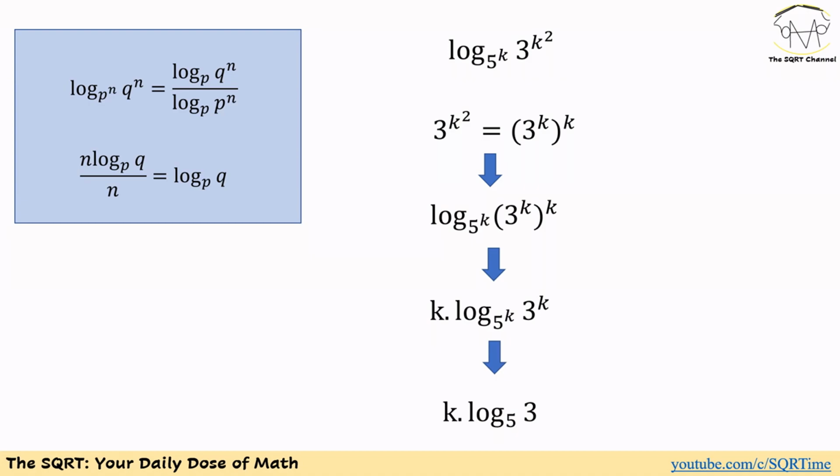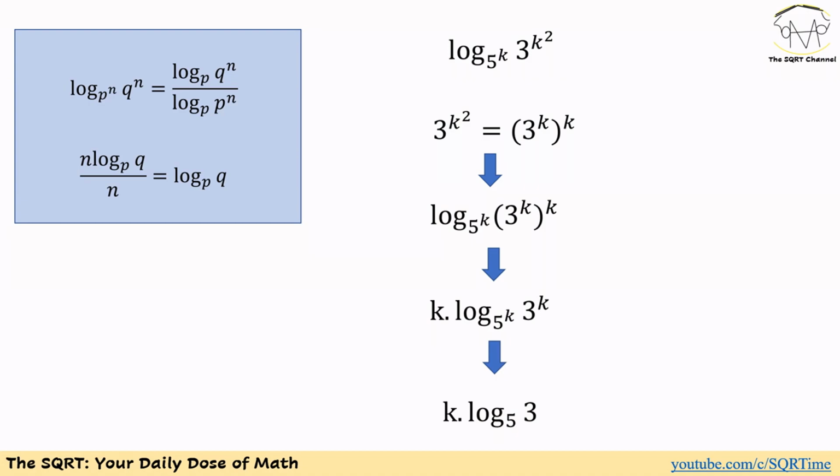First, we are going to write log of q to the power of n in base p to the power of n as log of q to the power of n in base p over log of p to the power of n in base p. Obviously, for the numerator, we are going to end up with n times log of q in base p.